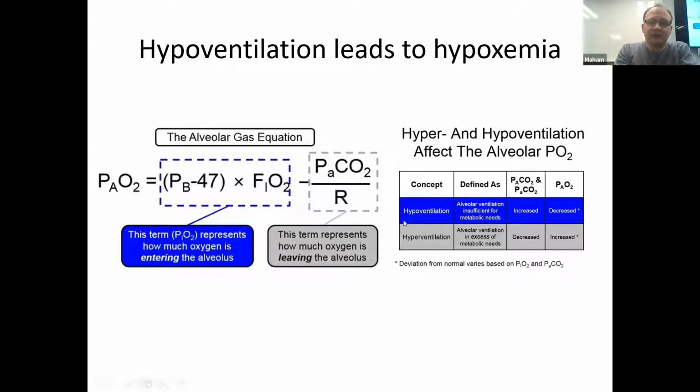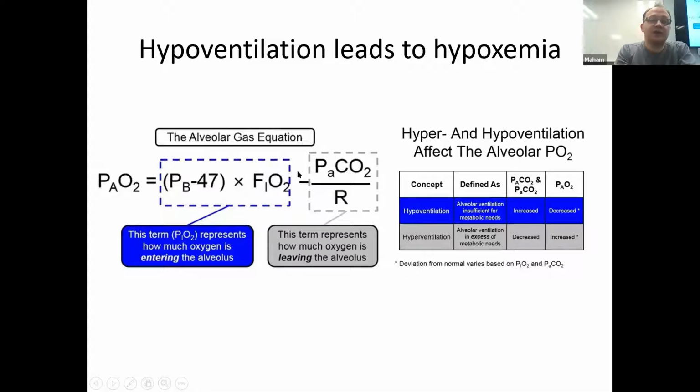Another way to look at this is the alveolar gas equation, and notice the PaO2 is related to not only the FiO2 and atmospheric pressure, but also the PaCO2, which really represents how much oxygen is leaving the alveolus.